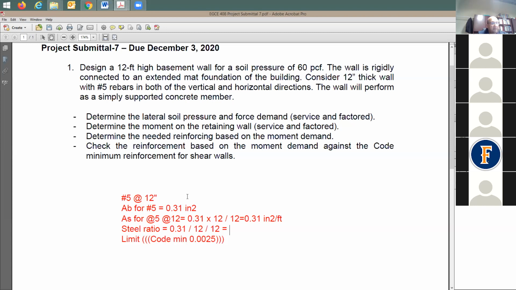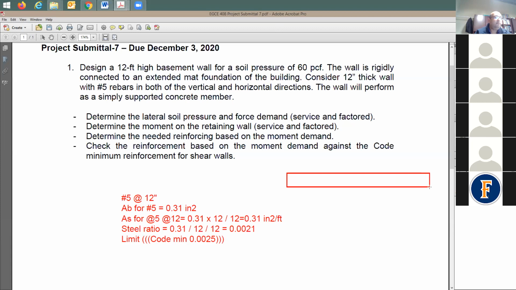Can someone help me with this value? 0.0021? Yes. Is this good? Professor, can you explain this value 0.0021? This is the steel ratio. This is As divided by area of concrete.